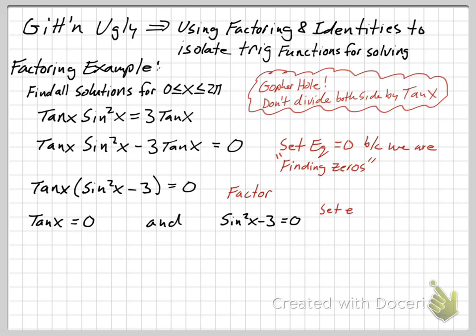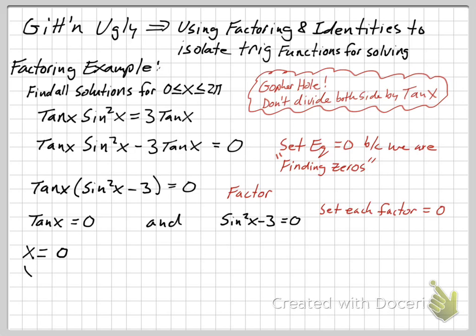We would factor the polynomials, and then we would set the individual factors to 0. So if I can get tangent x equal to 0, I found a solution. If I can get sine squared minus 3 to equal 0, I found another solution. Okay, so that's how we're going to do this.